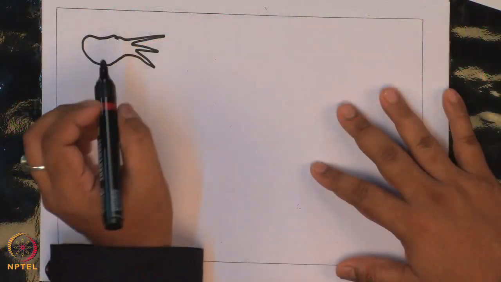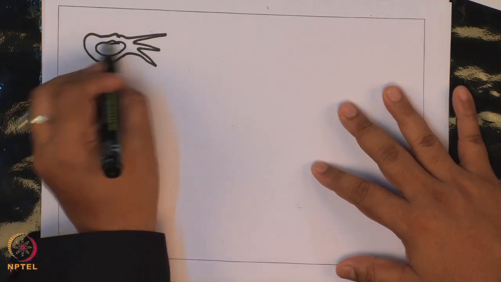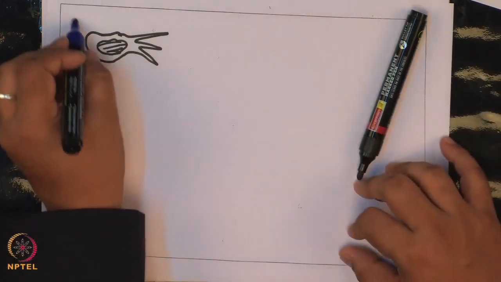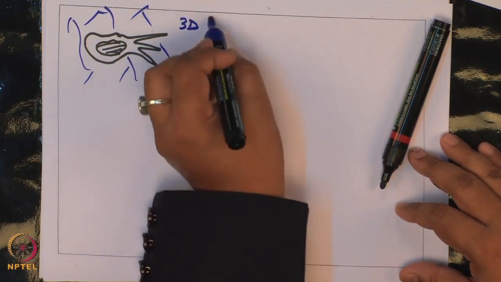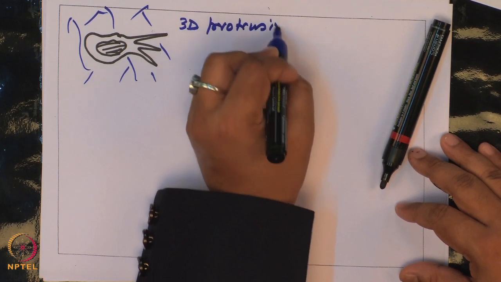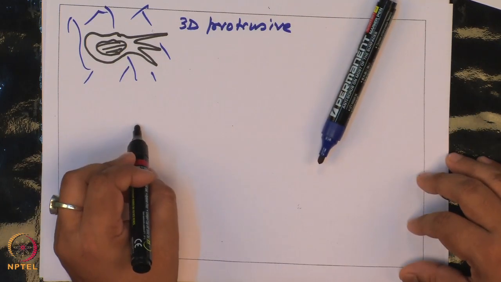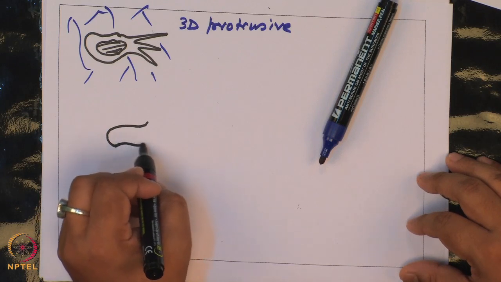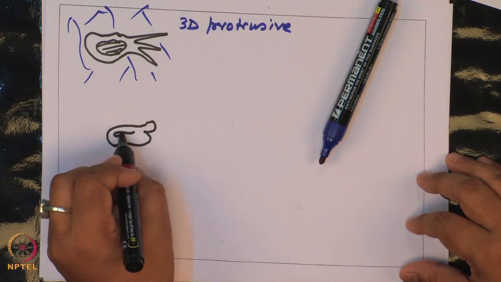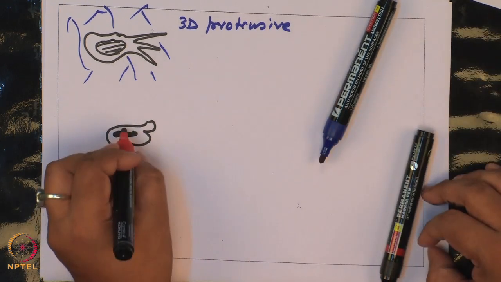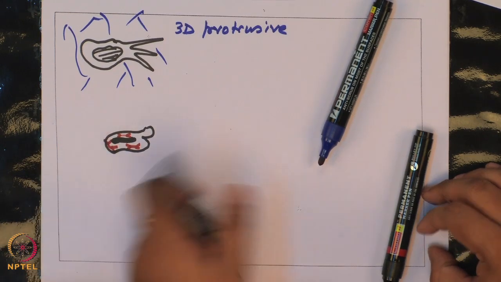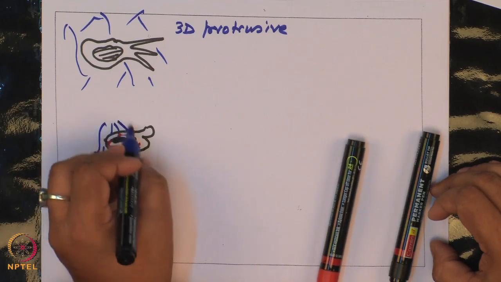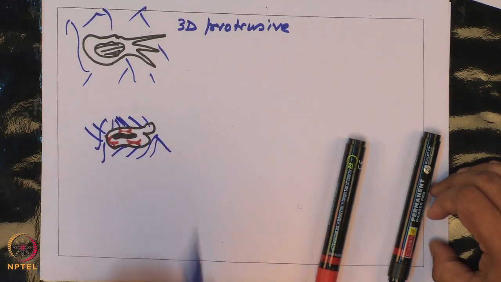so if I were to draw 3D protrusive, and you have, so the way I have drawn it, so this is 3D protrusive, and in 3D contractile, okay.